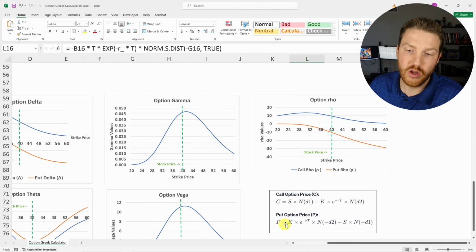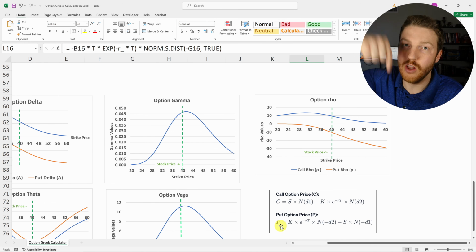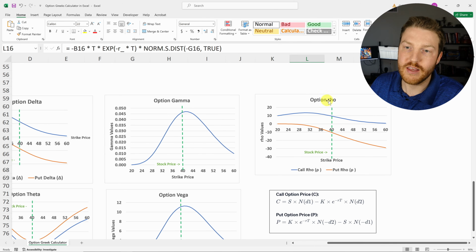Over here, our value is based on this discounted strike price, and it is on the left side of that subtraction sign. So it's sort of the opposite of the call value. For put options, the put option value is going to be higher if the interest rate is lower. And that is why the option Rho is positive for calls and negative for puts.